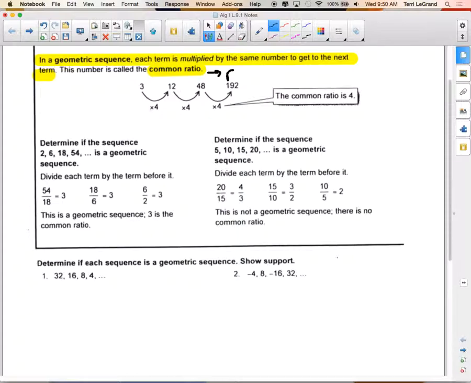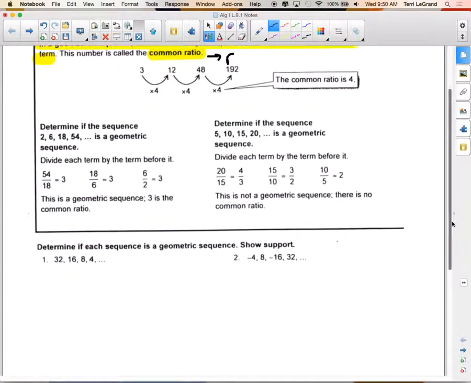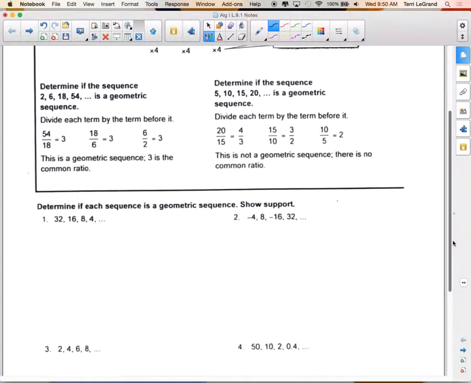So if we are determining if a sequence of numbers is geometric, we have to make sure, because what's the undoing of multiplying? Dividing. So if we take a term and we divide by the previous term, that should tell us what the previous term was multiplied by to get that term, shouldn't it?